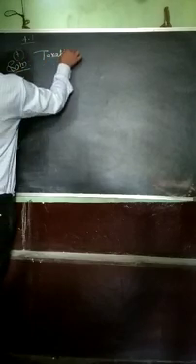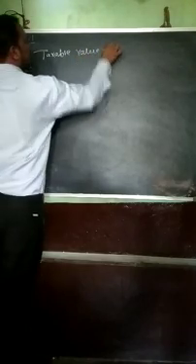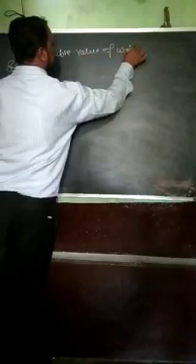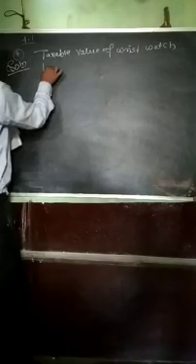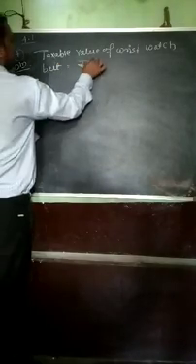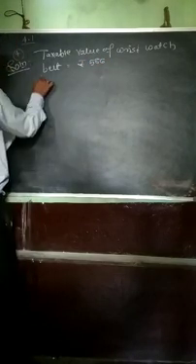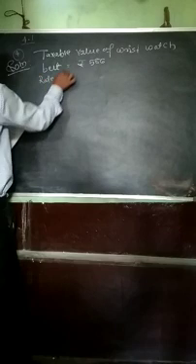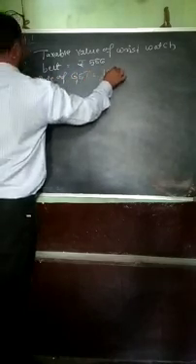See here, taxable value of the wristwatch belt is equal to rupees 586. The rate of GST is given as 18%.